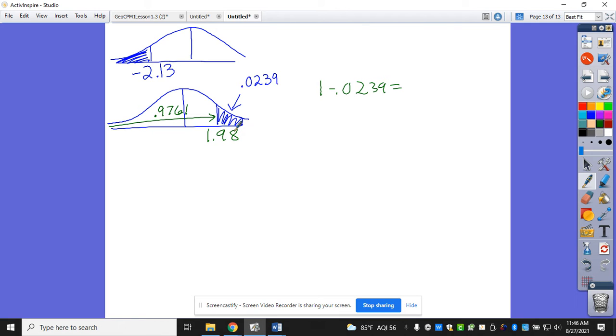Now, it doesn't seem like, in theory, that it would make sense for me to give you an area and you just give me a z value. But could you think of something like you're deciding if you should apply for a scholarship? What do you want to know?